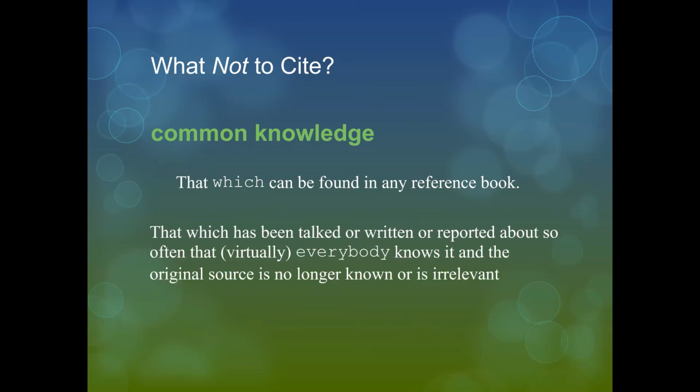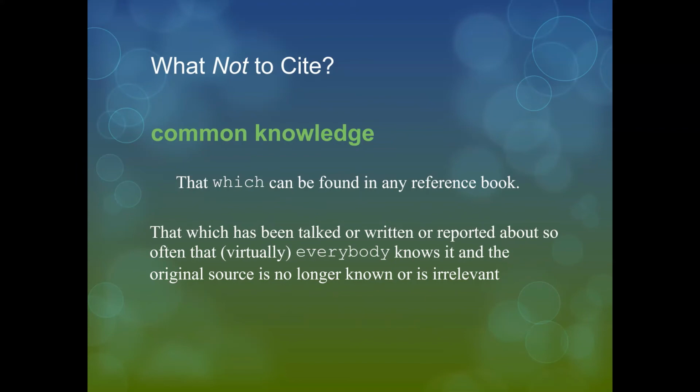That which has been talked or written or reported about so often that virtually everybody knows it, and the original source is no longer known or is irrelevant. So you don't need to go track down, if you want to cite, for example, what happened to Trayvon Martin. All right, that summary that I gave you of the basic facts in that case, I do not need to cite any source for those things.